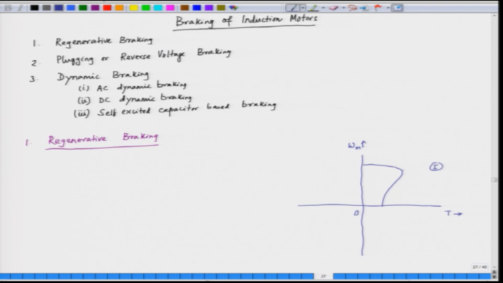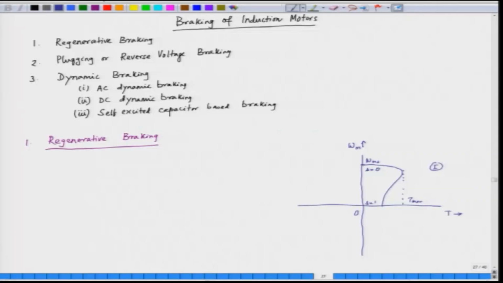We have the maximum torque here, this is T max, this is the synchronous speed omega ms, and this is the speed equal to 0. If we write the slip in this case, slip is 0 at synchronous speed and slip is 1 at starting. Now, if we make the motor rotate at a speed higher than the synchronous speed, what happens?